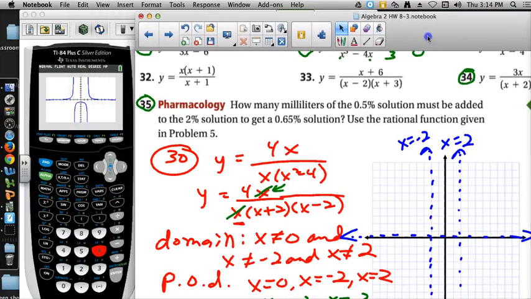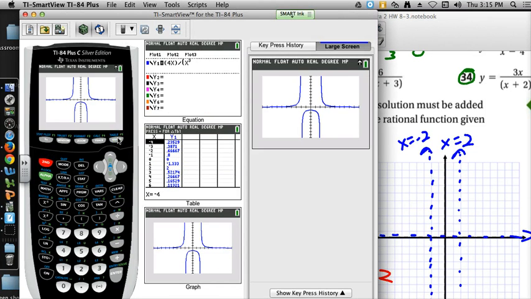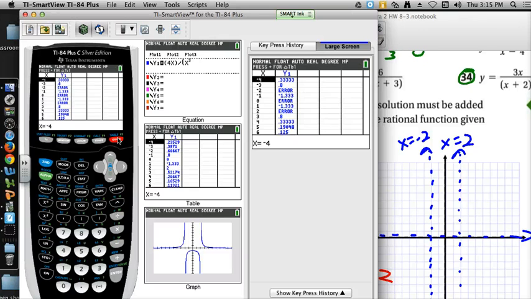These graphs are very complicated, and so an asymptote will work for a portion of the graph but not necessarily the entire graph. So again, what we would do is we would hit second table, and we would get some points that we can graph so that we can see what we have.